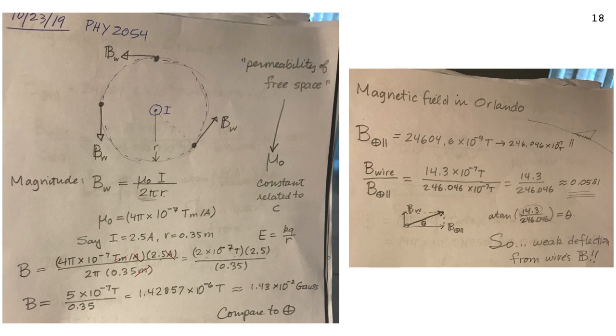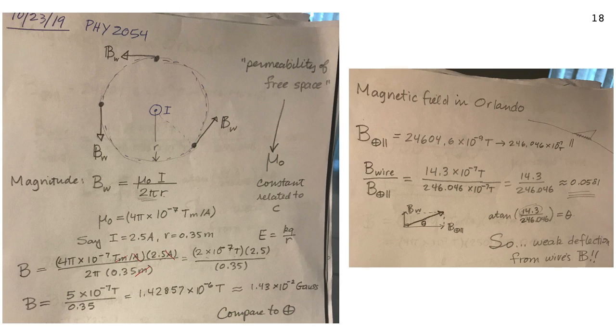So what do you get? So this is basically 5 times 10 to the minus 7 Tesla over 0.35. So that's 5 times 3, so it's 1.57 or something?